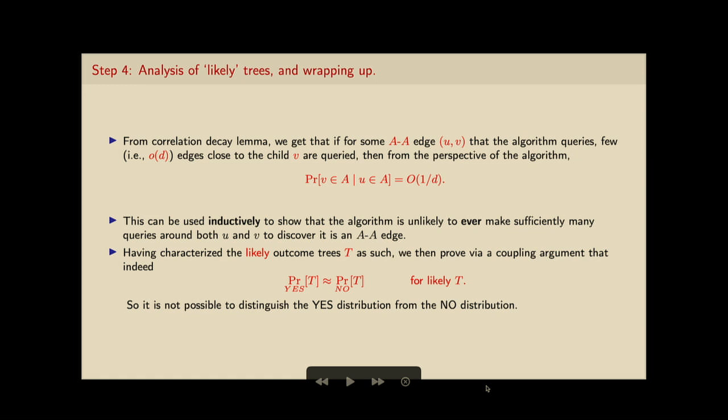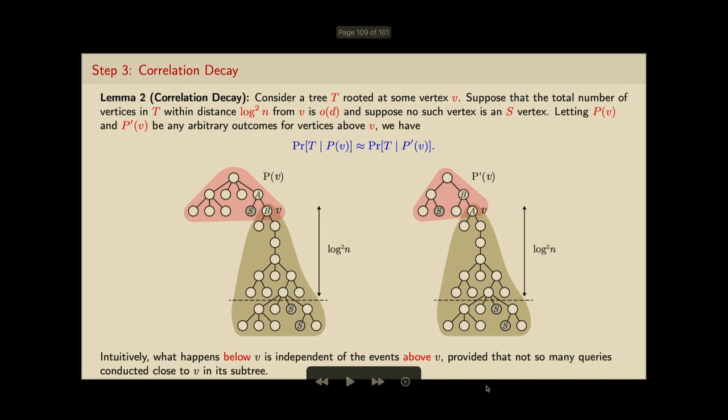And so it's hard to distinguish the two cases. And I just want to throw out a buzzword here. The proof relies on correlation decay, and I think it's really nice that correlation decay is playing a role. I have not seen many other sublinear time lower bounds using this.